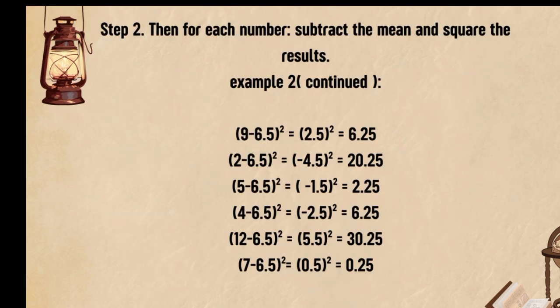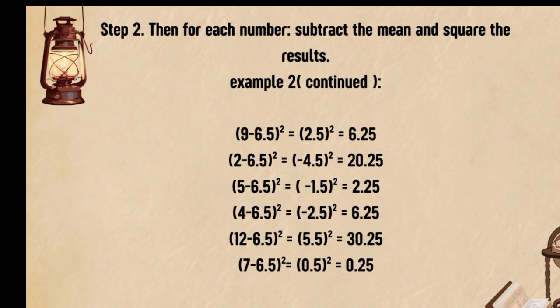For the next step, step number 2, for each number, subtract the mean and square the result. So, example dyan is 9 minus 6.5 squared is equals to 2.5 squared is equals to 6.25.